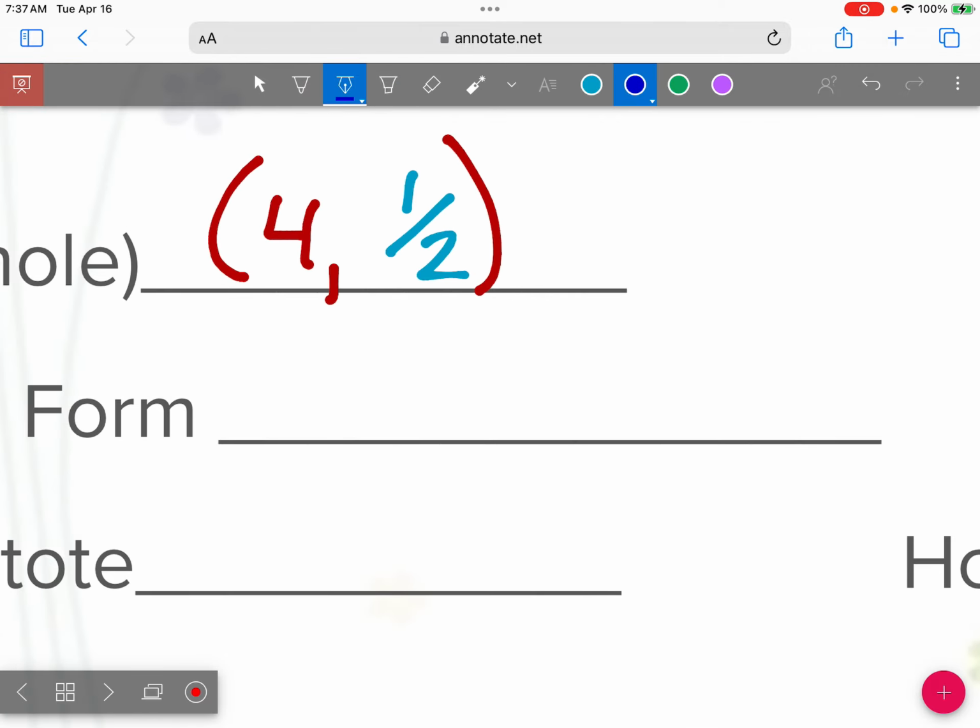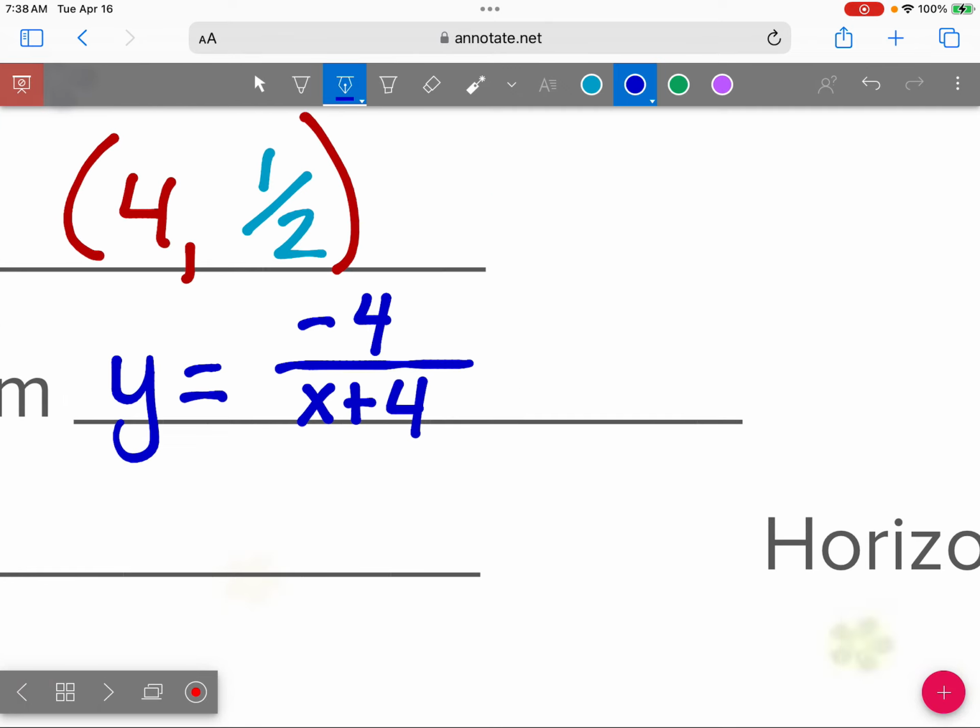Because my transformation form, what that is over here, is that guy on top of my division house with their spots flipped. So we're going to have our negative 4 over x plus 4 plus 1.